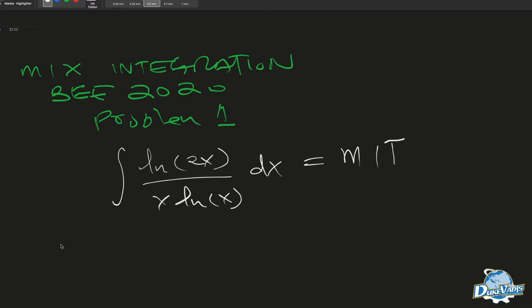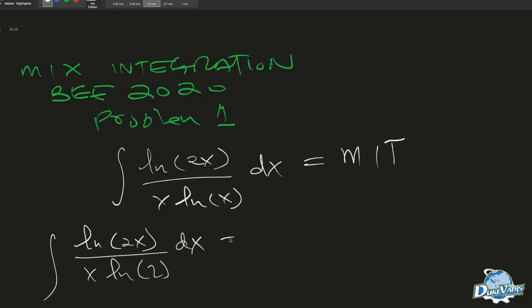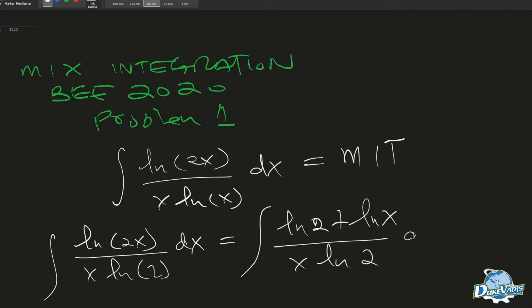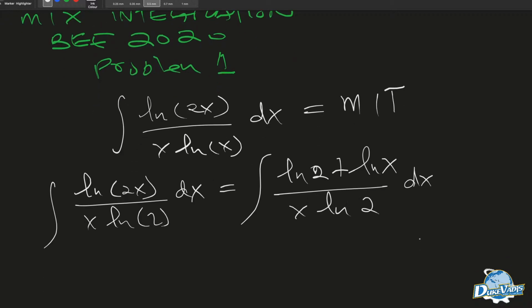So the integral of natural log of 2x all over x natural log of x dx can be written as natural log of 2 plus natural log of x all over x natural log of x dx. All we have done is expand the integration.